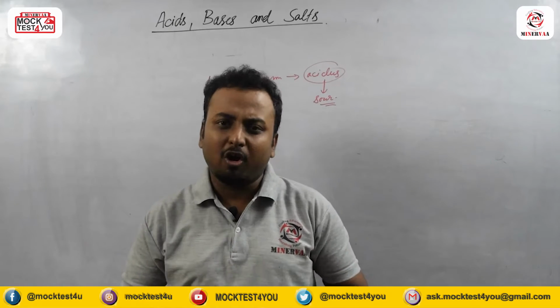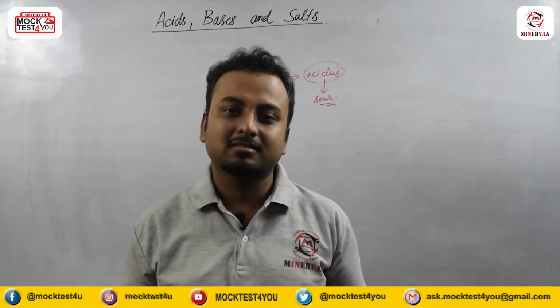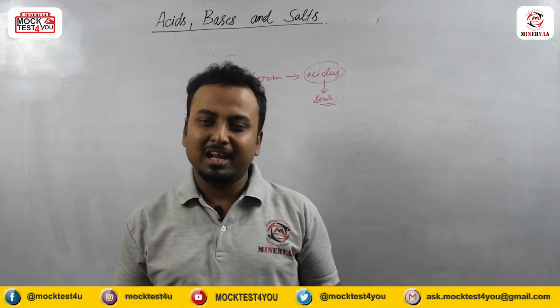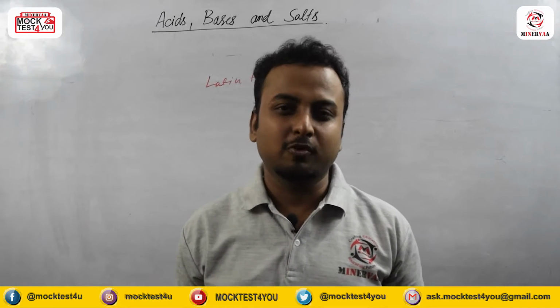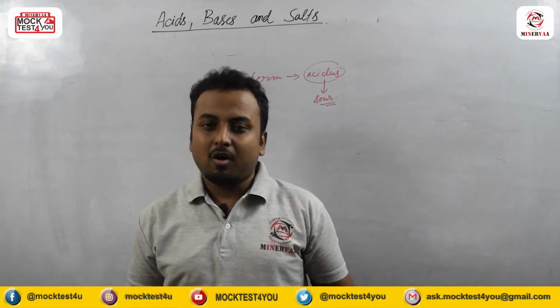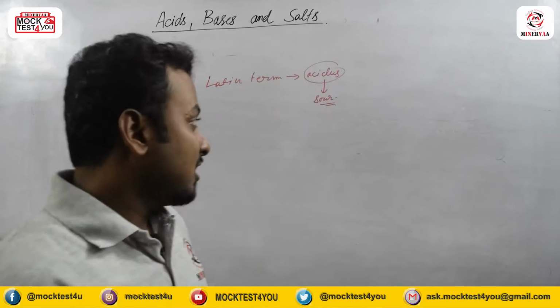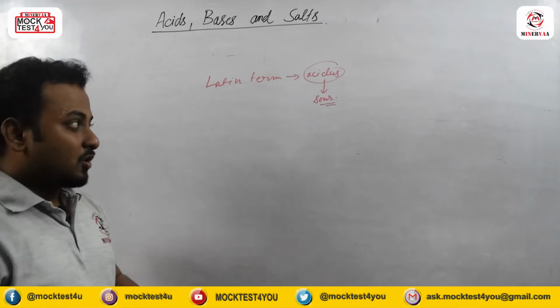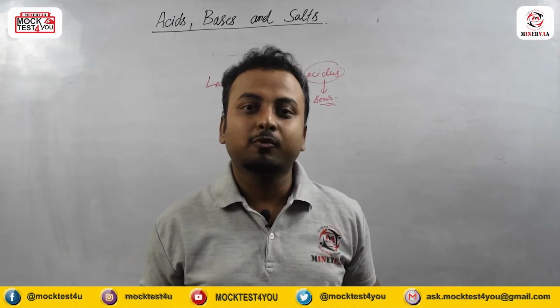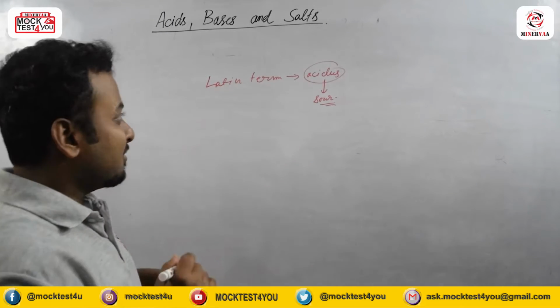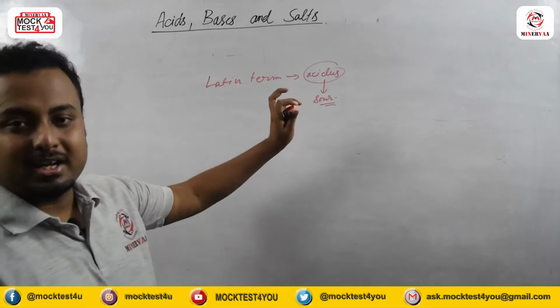So we come across a lot of fruits in our day-to-day life, like lemon, orange, grapes and many other fruits that we eat, which have a sour taste. So accordingly, acid must be present inside those fruits. So acid is something which has a sour taste.